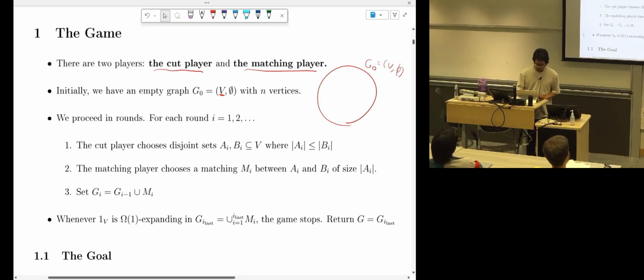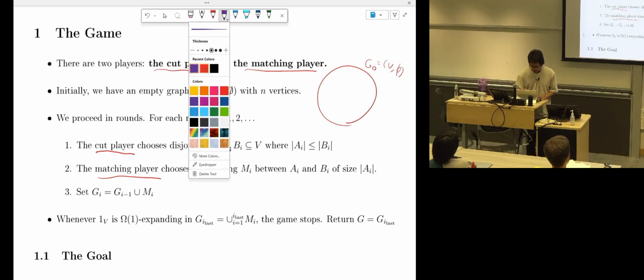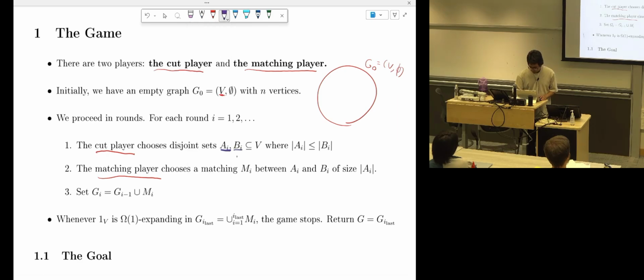In each round, the cut player plays first, and then the matching player plays. That's one turn. For each round, the cut player will choose disjoint sets A and B.